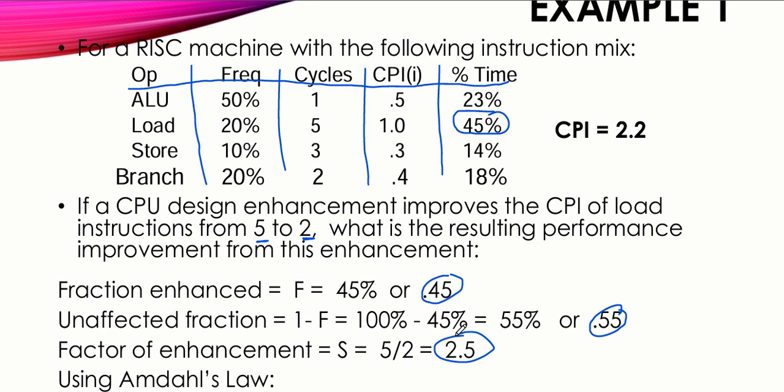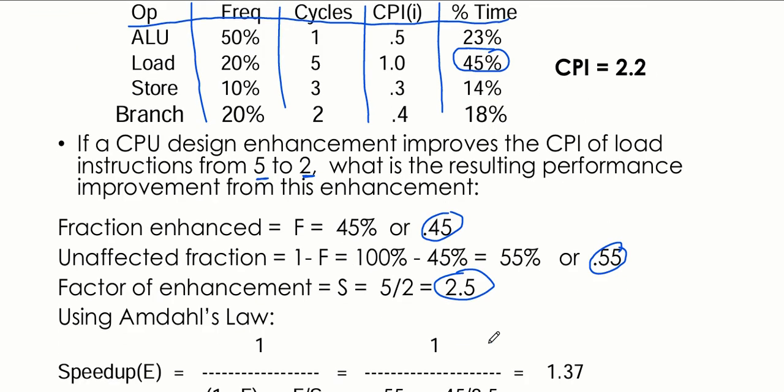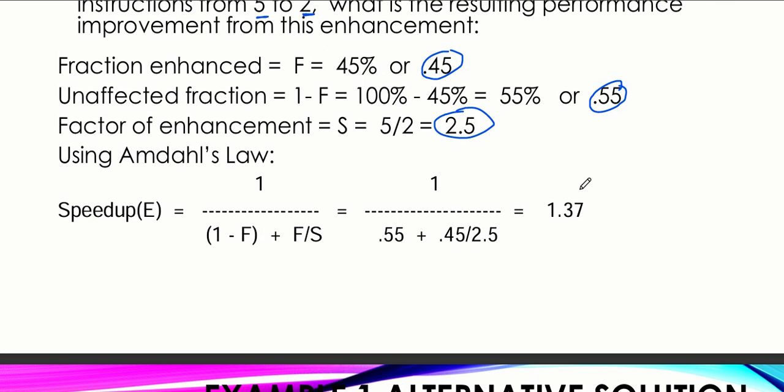Now we have almost all of our parameters. We have our F, we also have our S. So we can use Amdahl's law, and we get 1 over (1 minus F) plus F over S. You substitute your values and you get 1.37. Simple as that. What it means is this: you were able to increase load instructions 2.5 times.